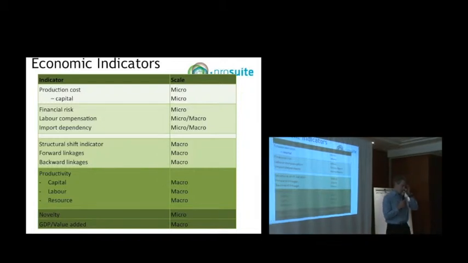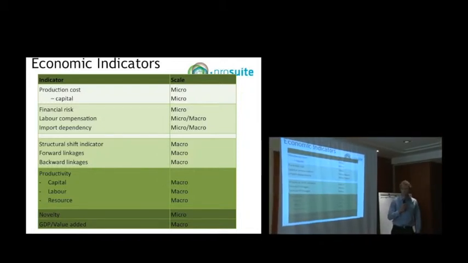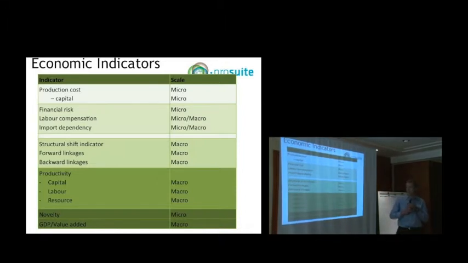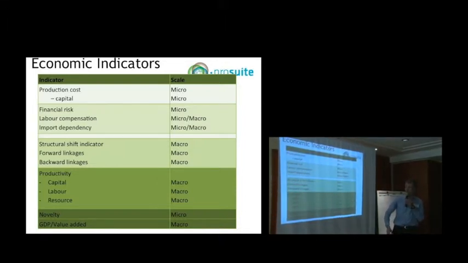You've also seen a lot about the indicators this morning, and Mark mentioned this. In the economic assessment, we think about micro type indicators, the technology-specific indicators: the capital, operational, and end of life costs, the actual financial risk, the labour compensation, so the cost of labour, and the import dependencies along the supply chain. But we're also interested in structural indicators, looking at whether we're seeing shifts in the economy from a resource-based economy to a service-based economy.